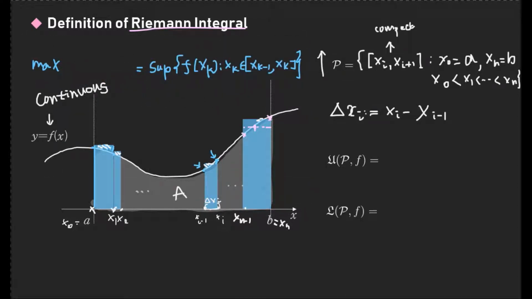Later I'll introduce why the supremum is a better definition than the maximum. In this case, it's the same. So we can take the supremum instead of the maximum, or instead of the supremum we can take the maximum, if the function is continuous.